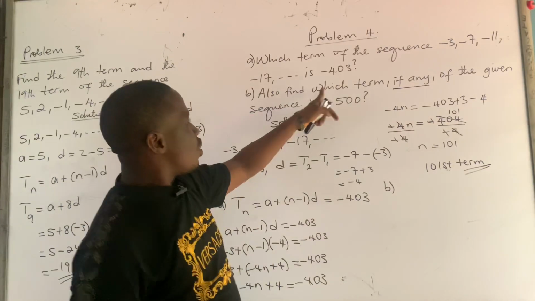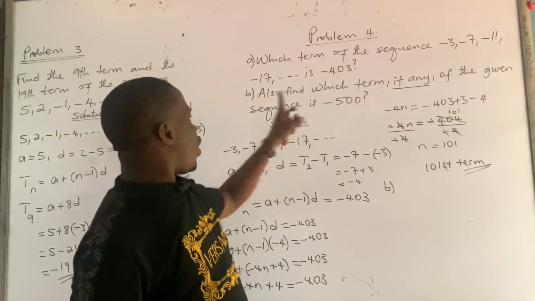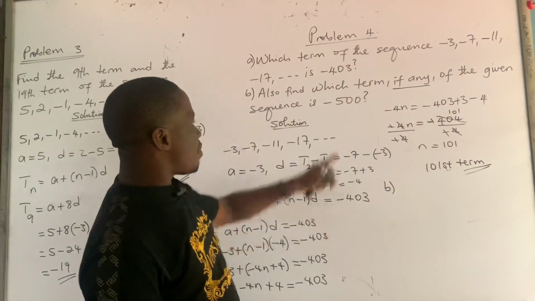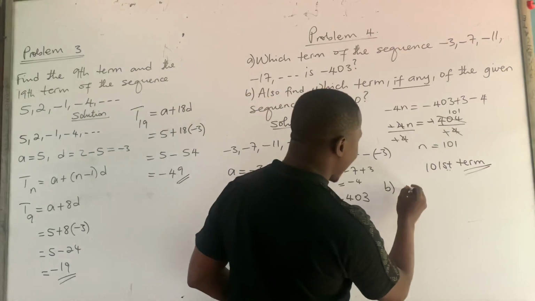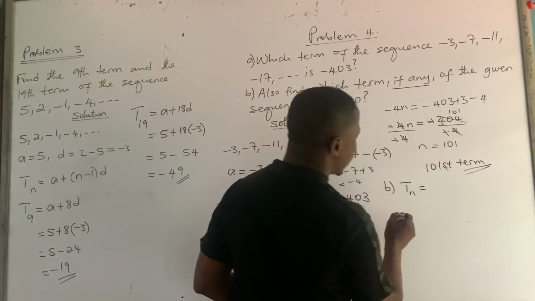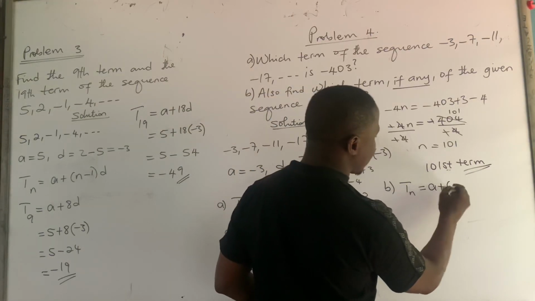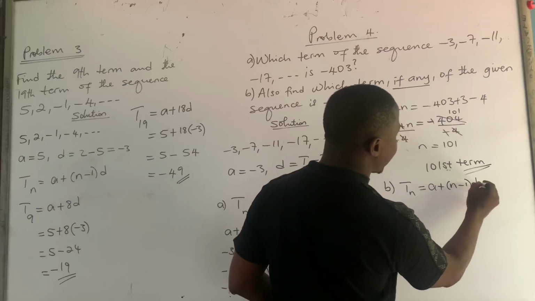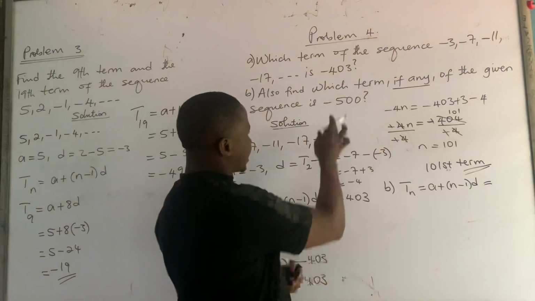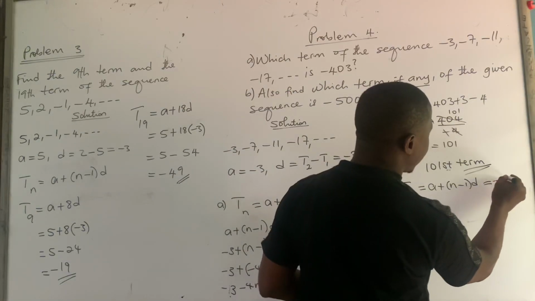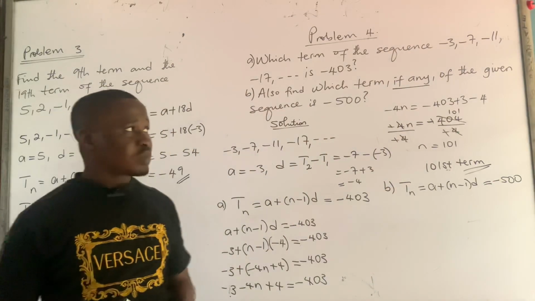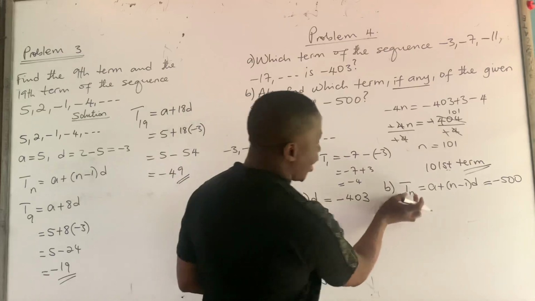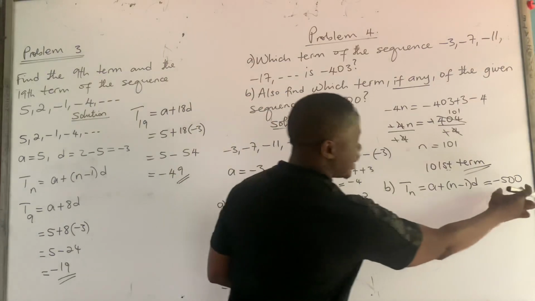Also find which term, if any, of the given sequence is minus 500. So likewise we say the nth term is A plus (n minus 1) multiplied by D, but the nth term for this case is minus 500. We want to know if the term exists. So this nth term, the general term, is this one.